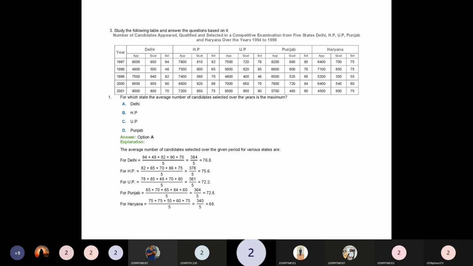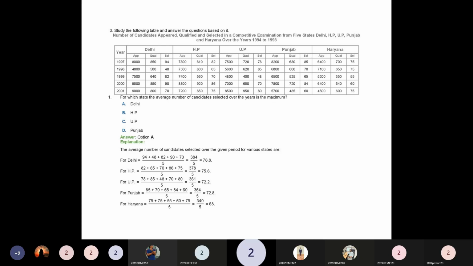In Delhi, the selected candidate percentages are 94, 48, 82, 90, 70. If you sum these values and divide by 5, you get the average selected candidates in Delhi: 76.8. In Himachal Pradesh, likewise, sum all 5 values and divide by 5 to get the average. Uttar Pradesh is 72.2, and Punjab 72.8.